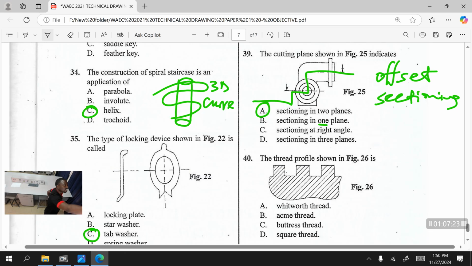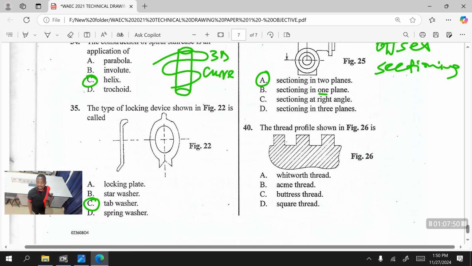There is no sectioning at right angle. If it's a right angle, maybe they will tell you that is half sectioning. So 1 plane, 2 planes, 3 planes, like that. So this is two planes.